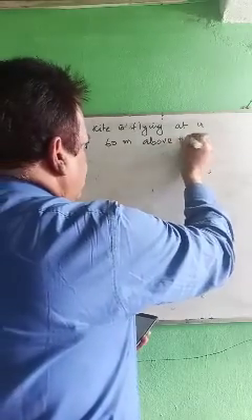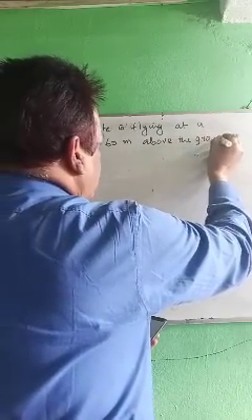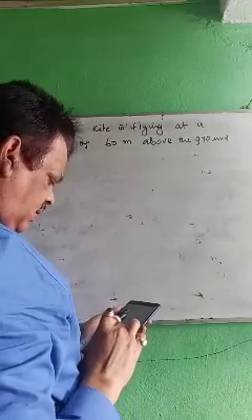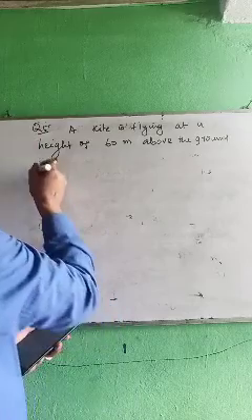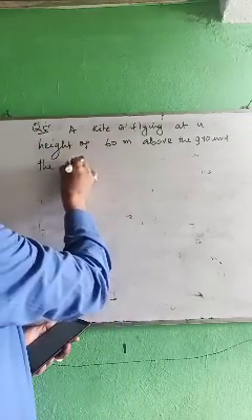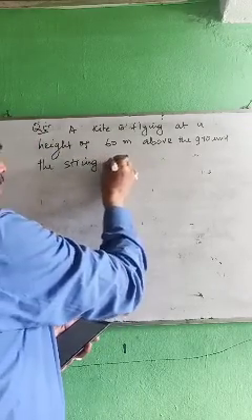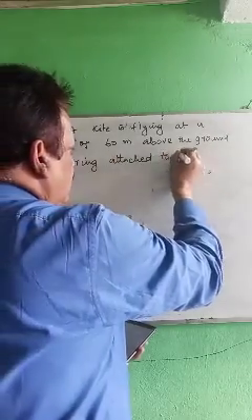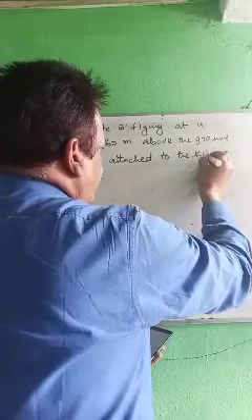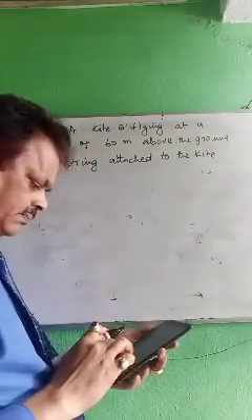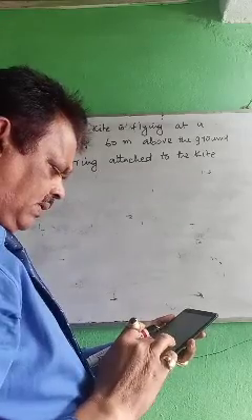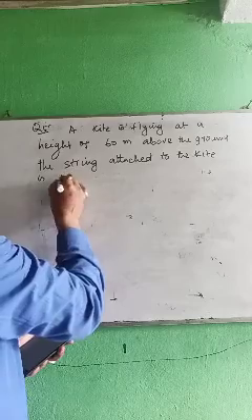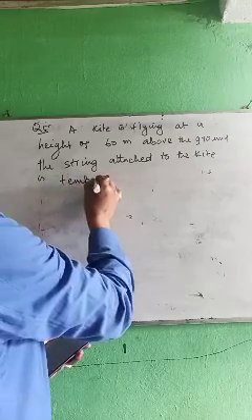The string attached to the kite is temporarily tied to a point on the ground.